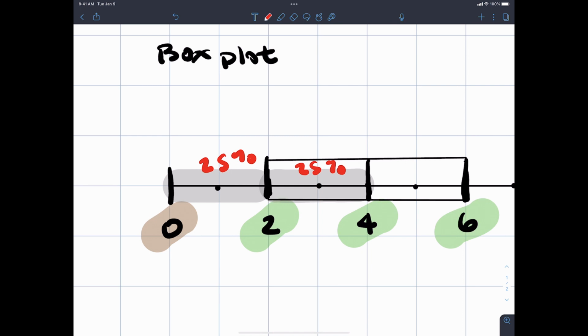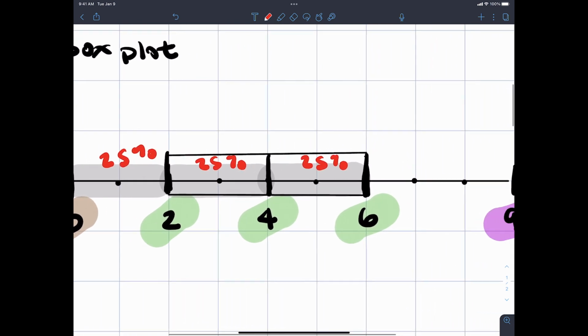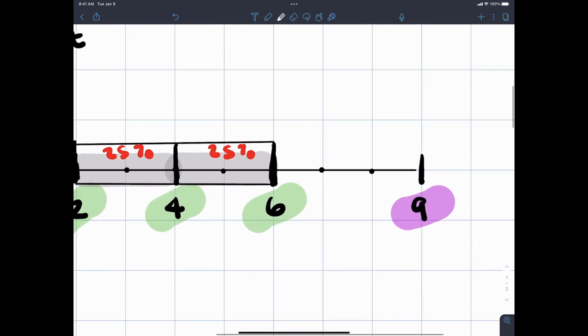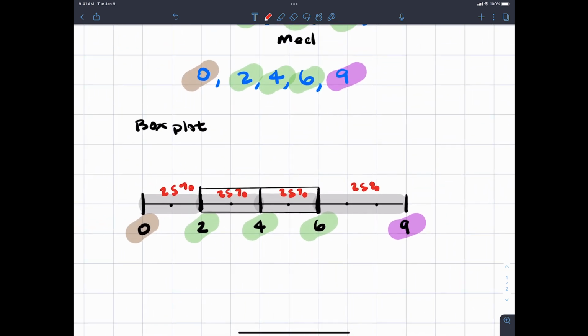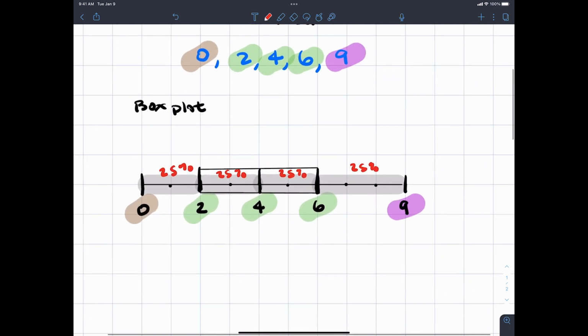So this is kind of like a picture of the distribution. 25% from 4 to 6 of the data here, 25% of the data there. And then the last portion, from 6 to 9 is the last 25%. Is that true? Okay, good. So altogether we have a box plot here.